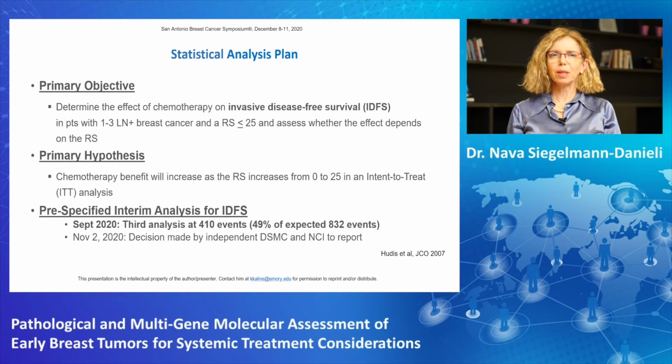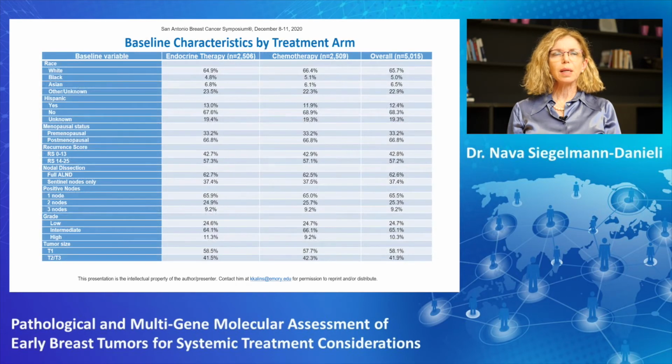And they hypothesized that the higher the recurrence score, the more benefit the patient will show with chemotherapy. And they had the third analysis just prior to the recent San Antonio meeting. And this is the patient population. As you can see here, about 2/3 were postmenopausal and 1/3 were premenopausal.